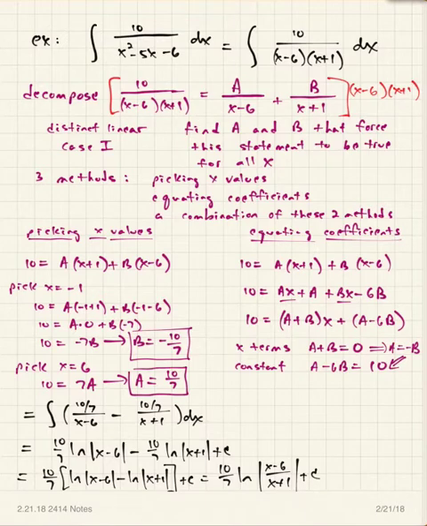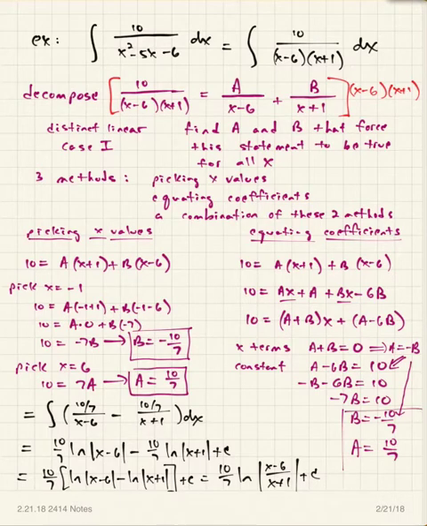So you get negative b minus 6b equals 10, negative 7b equals 10, or b equals negative 10/7, just like we found in the first method. And since a is the opposite of b, a would be positive 10/7. Right? And so you could get those right away that way. And then you go on with the problem like we did before.